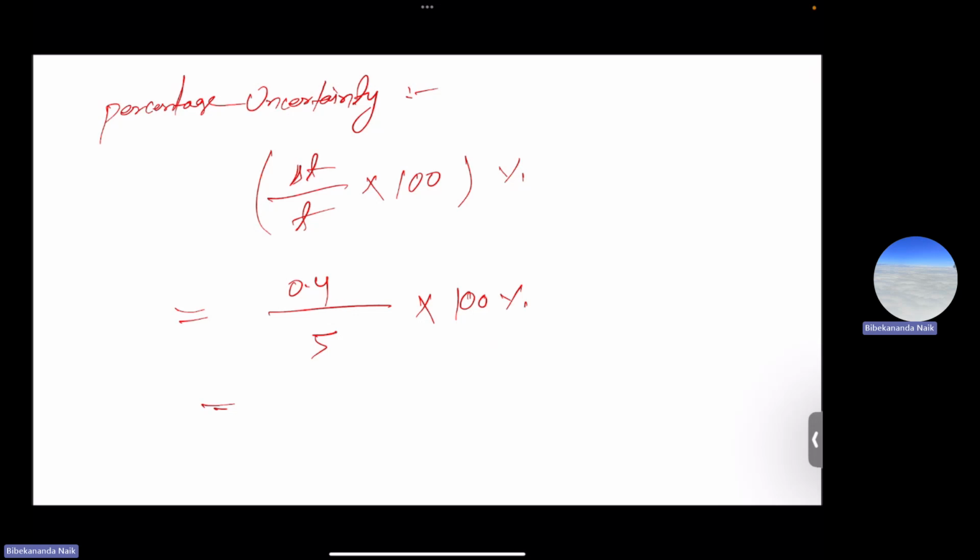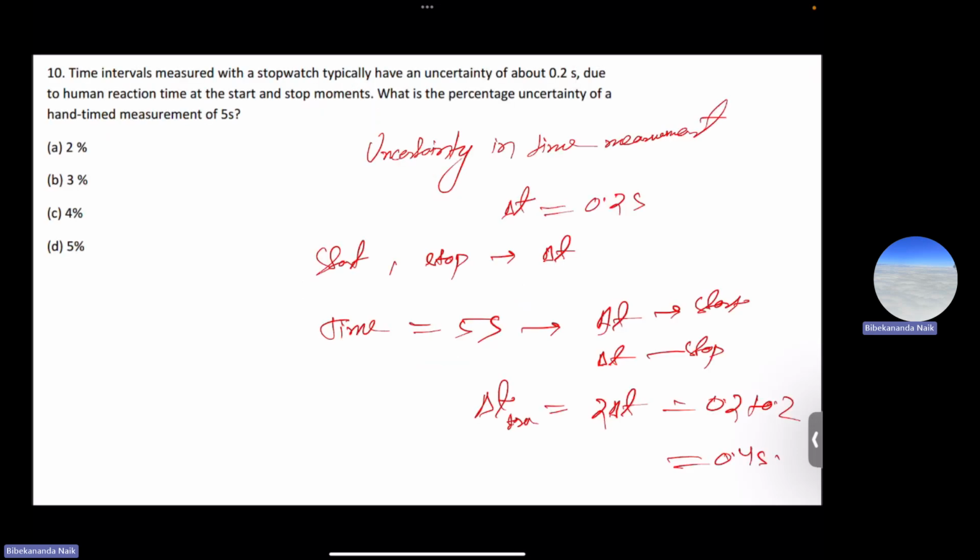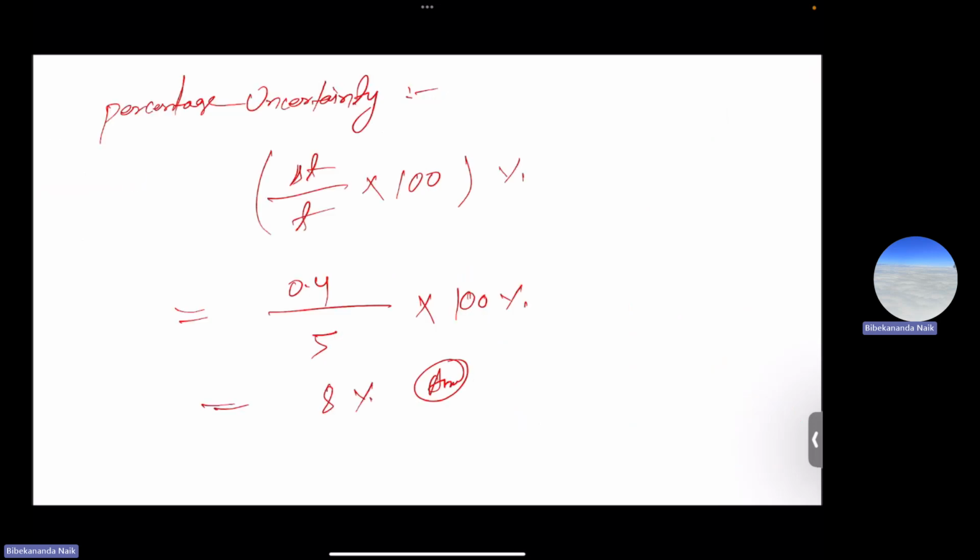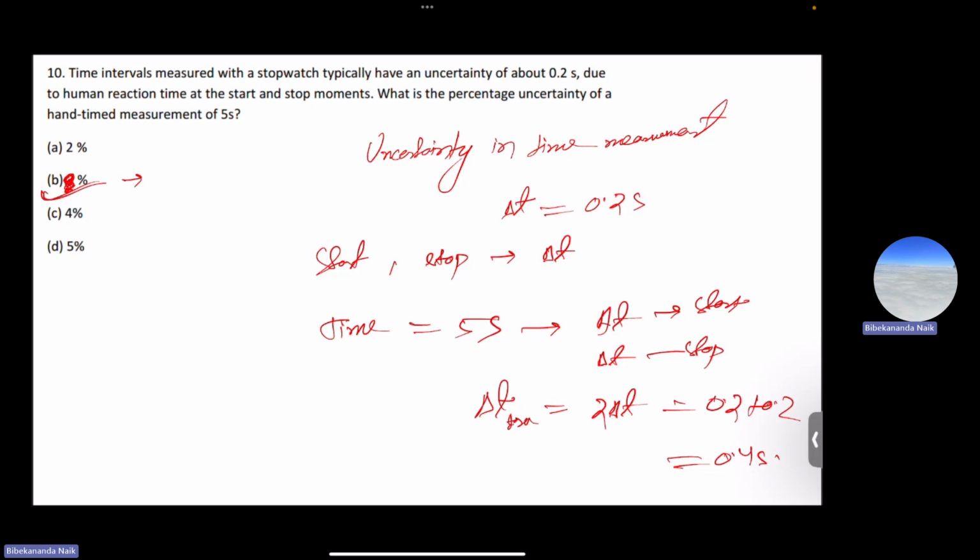So 0.4 divided by 5 is 8%. So the correct answer is 8%. I think option B will be 8%. The correct answer is 8% because it mentioned human reaction time at the start and stop moments.